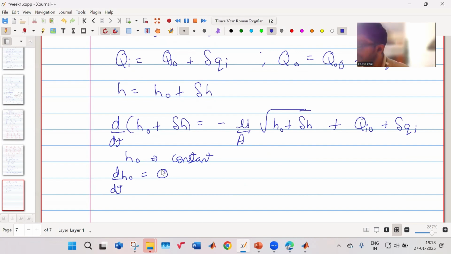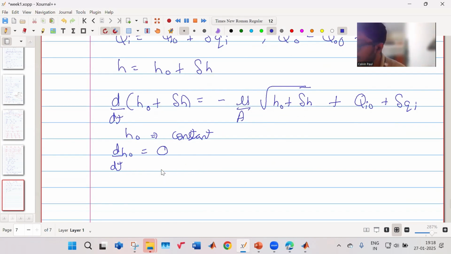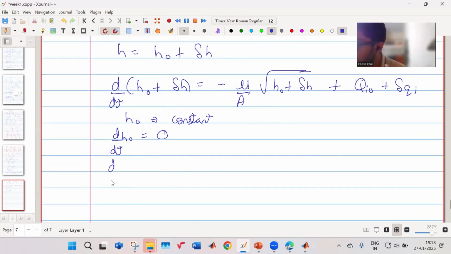So now what you will get is d/dt of delta h. Now what I will do is take the square root of h naught out, which will be easier.